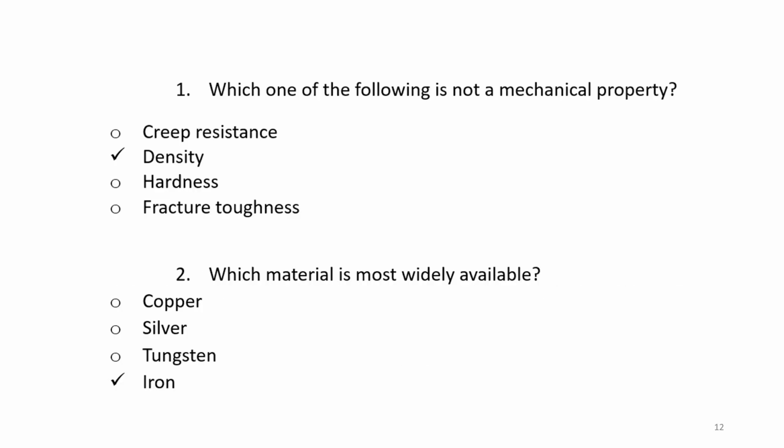Next question is, which one of the following is not a mechanical property? So your options are creep resistance, density, hardness, fracture toughness. So the correct option will be density.